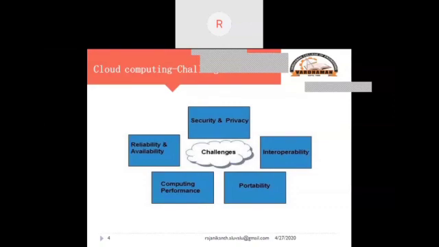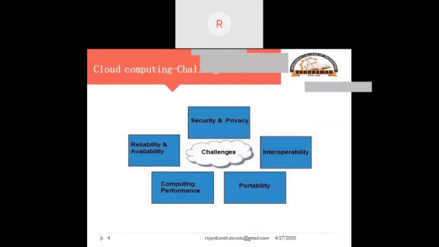Moving on to the last challenge, which is reliability and availability. As mentioned, an organization has migrated onto a cloud. So migrating onto the cloud, all our applications, data, and processes will be there with the cloud service provider. And cloud computing is a distributed computing model which completely relies on the network.